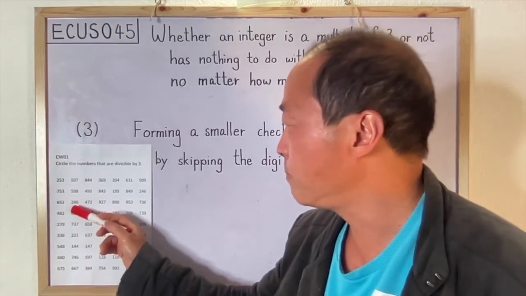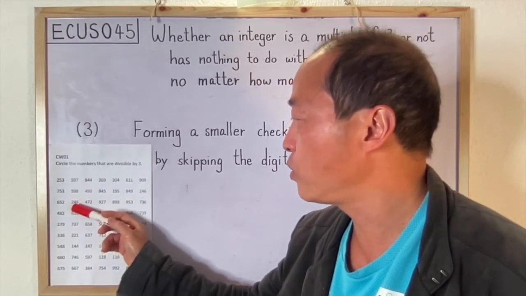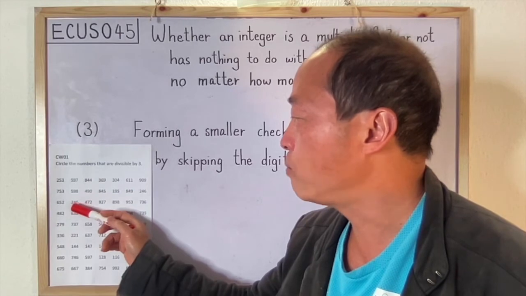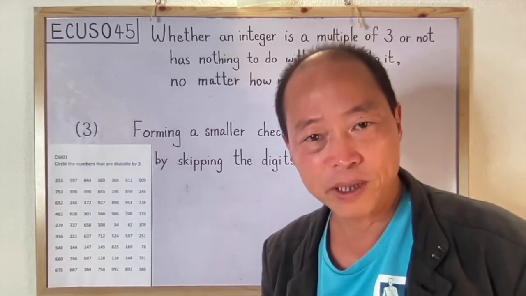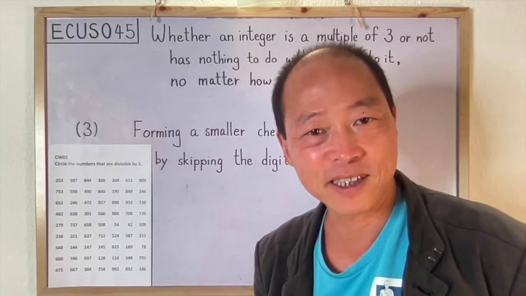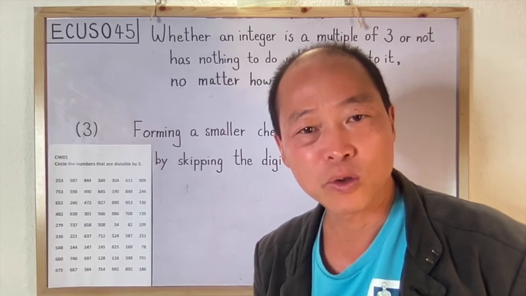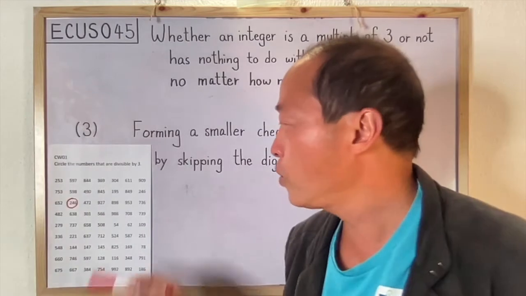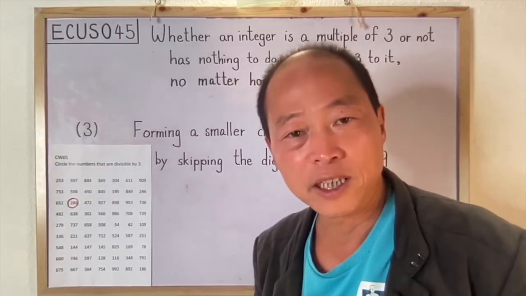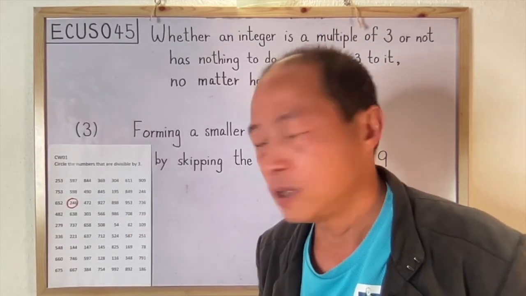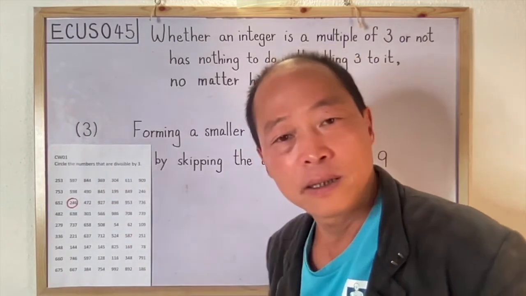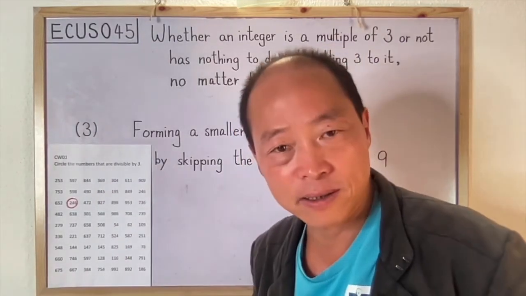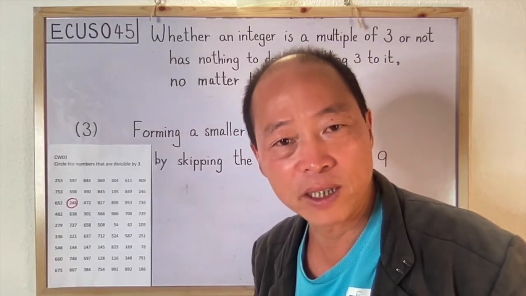Look at this number. It is 246. I simply omit 6. 2 plus 4 is 6. 6 is a multiple of 3. So 246 is a multiple of 3. Look at this number. It is 195. I omit 9. 1 plus 5 is 6. 6 is a multiple of 3.